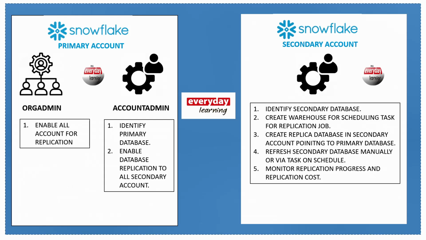When we run this replication task, we will see one replication warehouse created in the background. We don't have any control over that Snowflake provided warehouse, but we will use our warehouse for all the queries and everything, because to run anything on Snowflake we need compute.